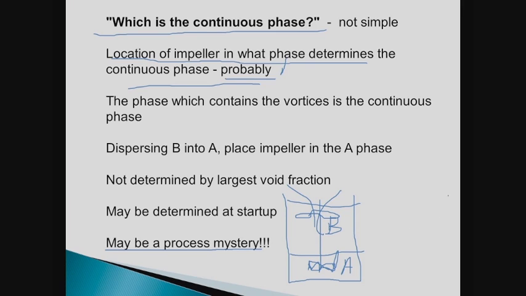Remember, let's take the first situation, the B being drawn down into A. The continuous phase for the impeller is the A phase, and you're going to be dispersing B into A, sort of like my oil droplets going into the vortex. The phase which contains the vortices is the continuous phase.